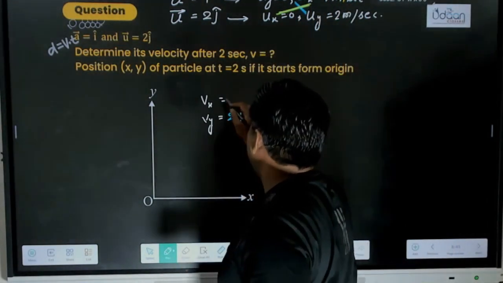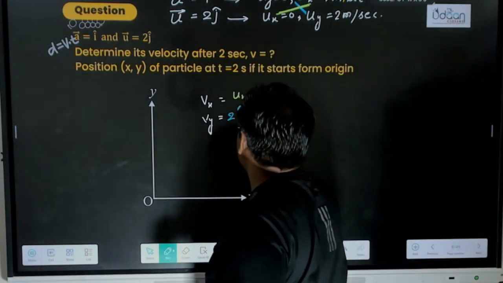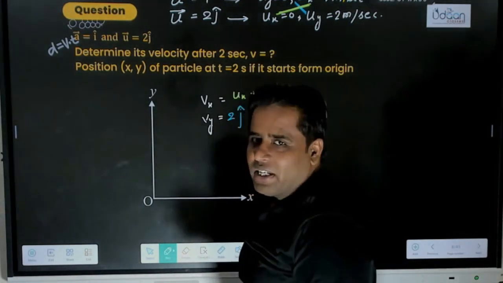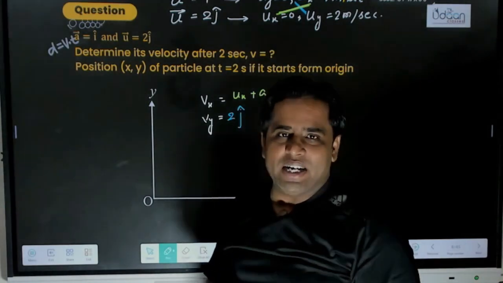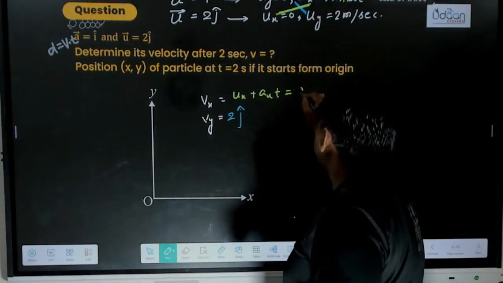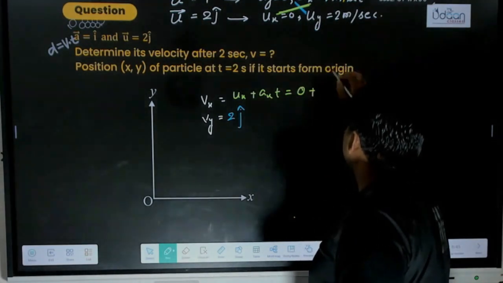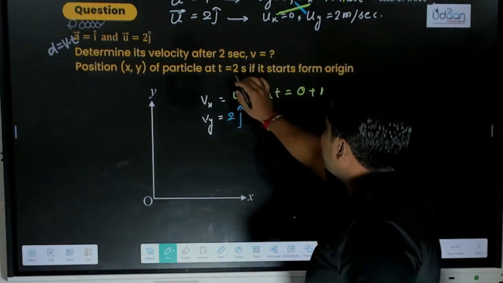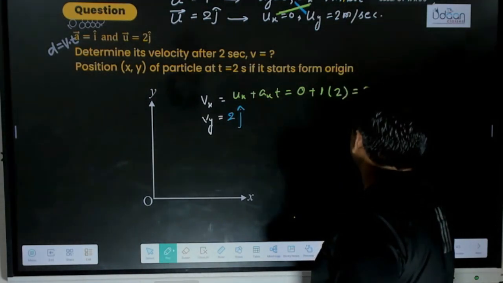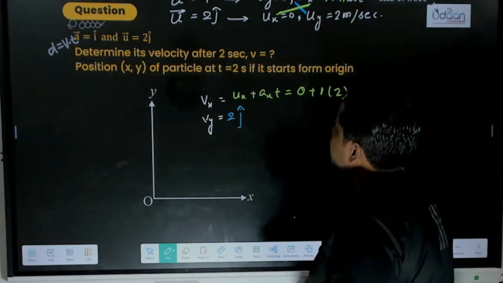How are we going to find out the velocity? It will be ux plus axt. So if I am writing ux plus axt, students, what will it give you? ux has been given as 0 plus ax has been given as 1 into time has been given as 2 seconds. So you are going to get the value of it as 2i cap.